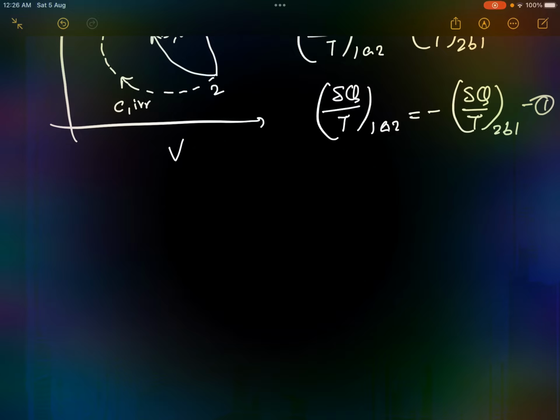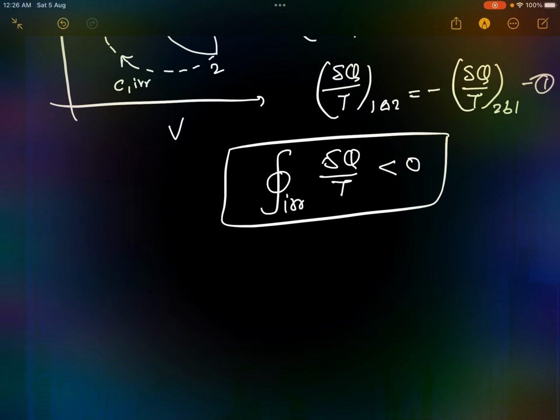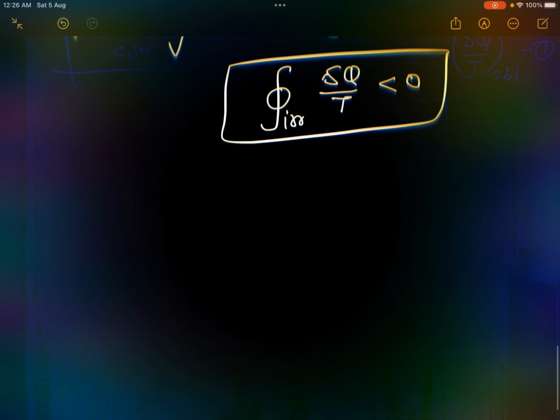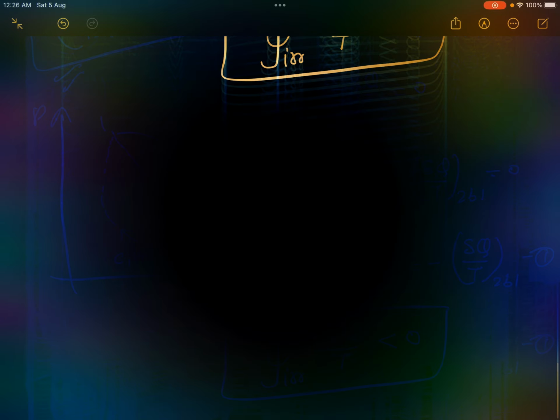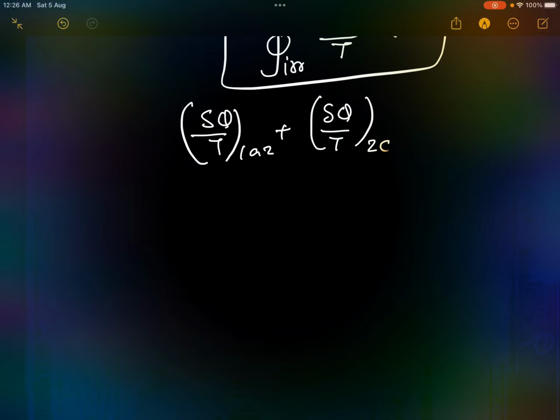Now, as I explained in the previous session, for the irreversible case the value of the closed integral of del Q upon T is less than 0. This is the Clausius inequality for the irreversible path. So let us write it for this graph. I'll write that del Q upon T from 1A2 plus del Q upon T from 2C1, which is irreversible, will be less than 0.